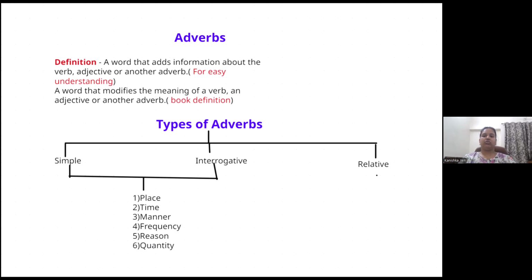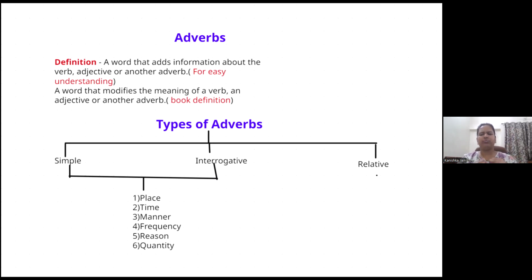Before we move any further, let's have an example of an adverb. How am I teaching? If I say, how am I teaching, how is an interrogative adverb.